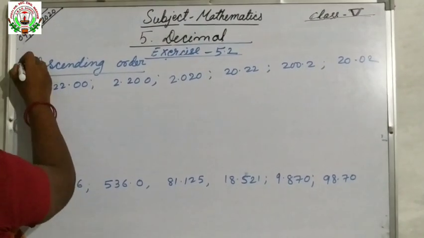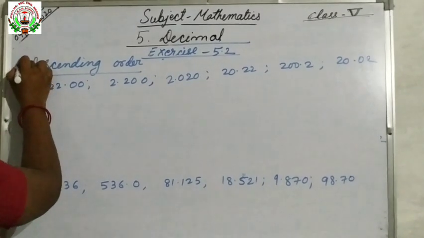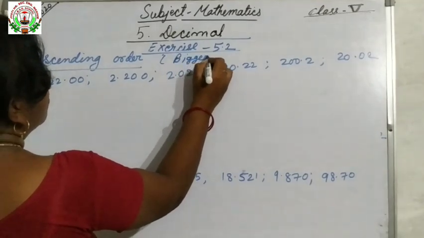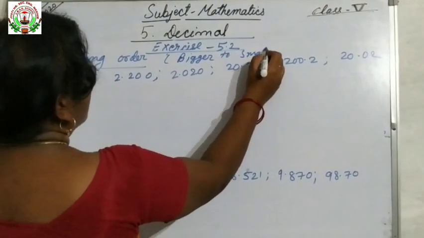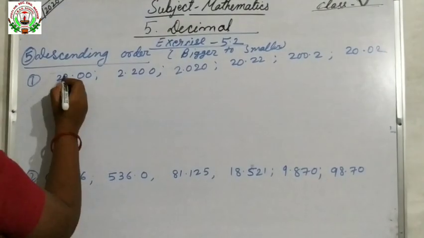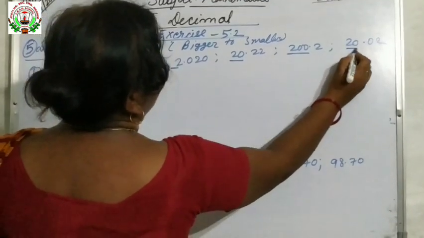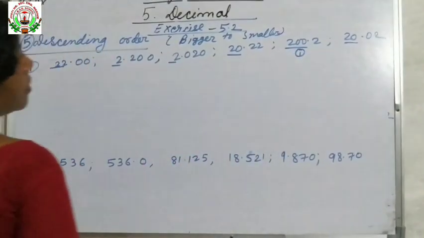It is your question number 5. Descending order means bigger to smaller. So first we will find the biggest number. Which is the biggest number? See the whole part: 22, 2, 2, 20, 200. 200 is the biggest number.